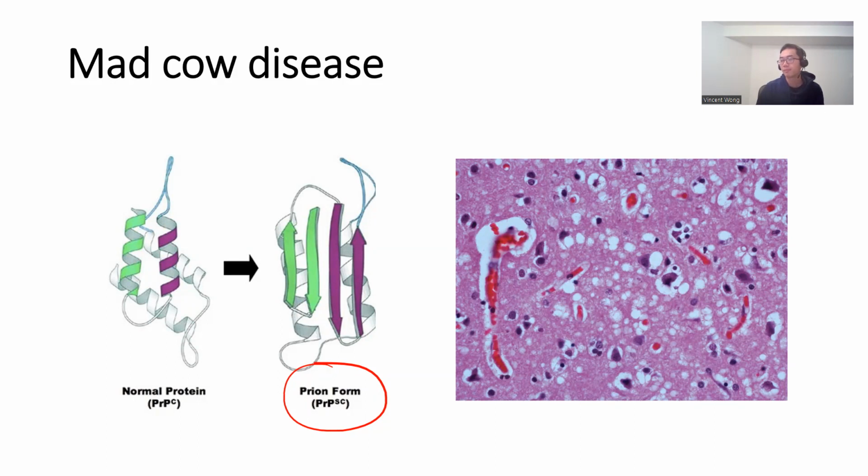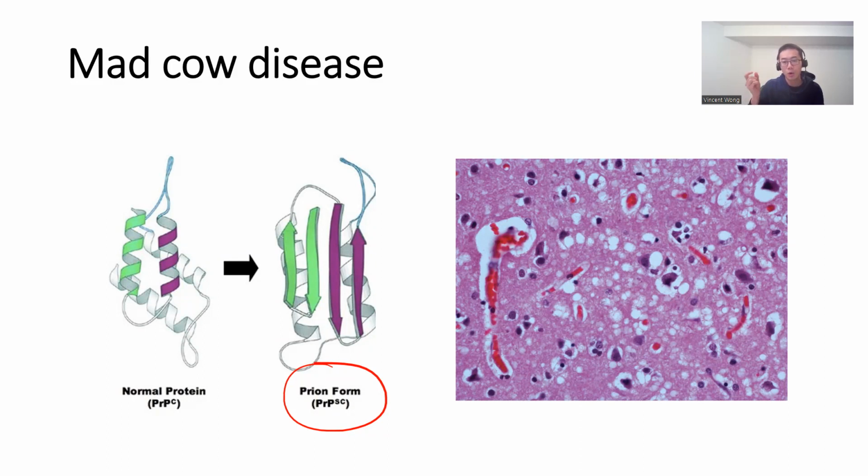Okay, thank you. Professor, sorry for the noise, but my question is, what is the cause of mad cow disease? Yes, the folding of the protein is dependent on the amino acid sequence.